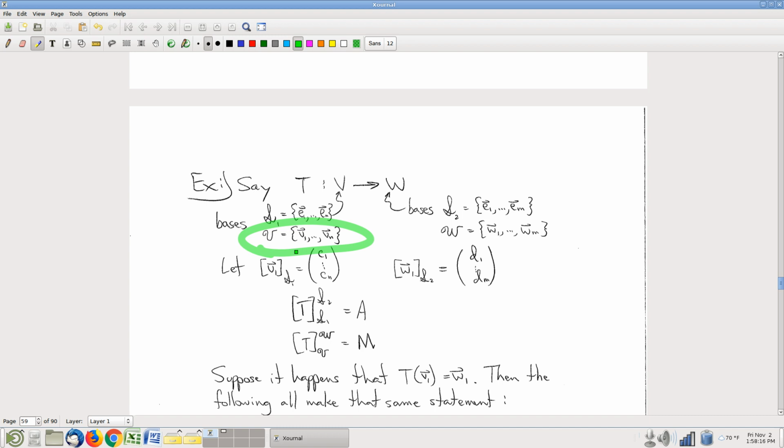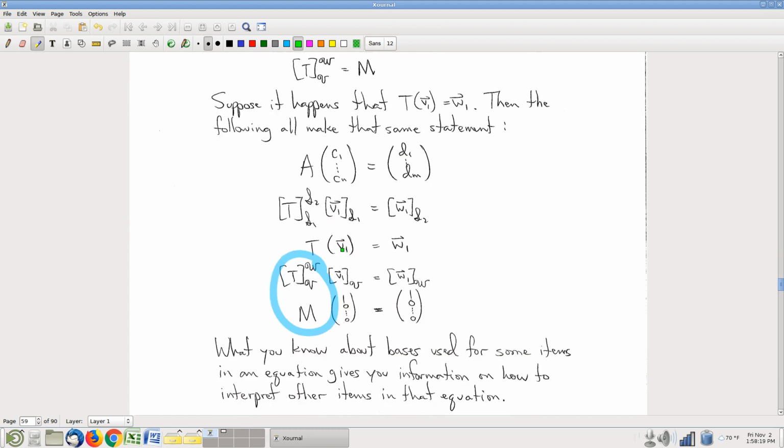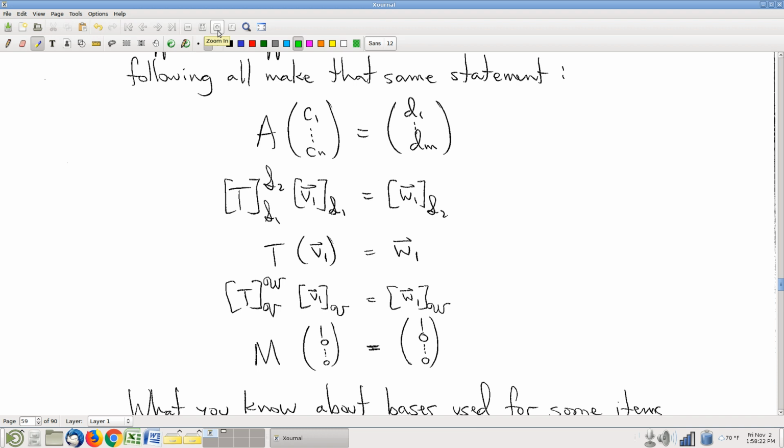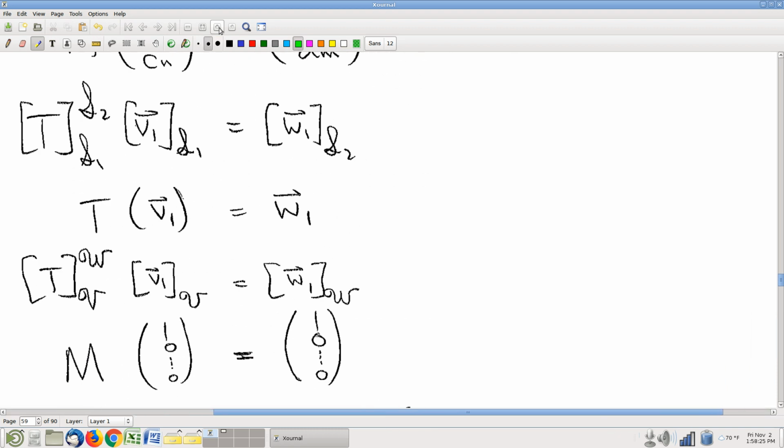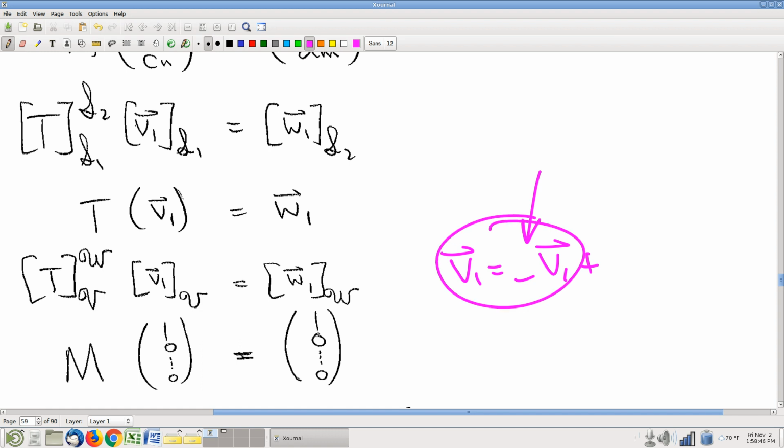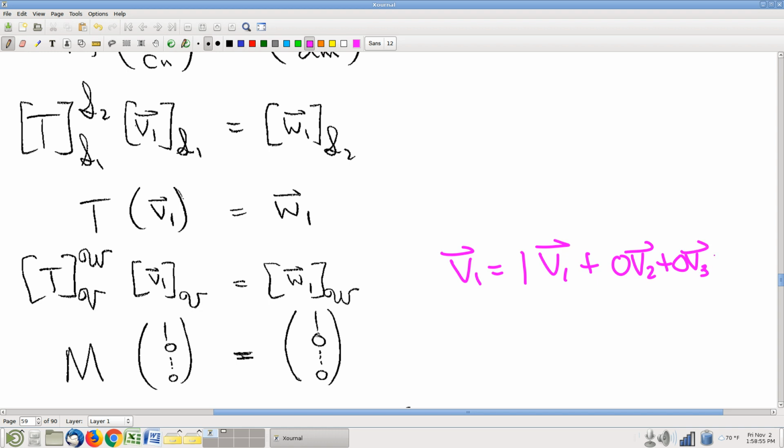And so let's write this out explicitly. I'm going to come back down here. I'll zoom in a little bit more. Let's look at how I would write V1 in terms of the script V vectors. Well, it's some linear combination of V1 and so on, and this is going to be easy. My goal is to make this equation work, so I get to put whatever I want in there. Let's put 1 V1 plus 0 V2 plus 0 V3 plus etc., plus 0 Vn.